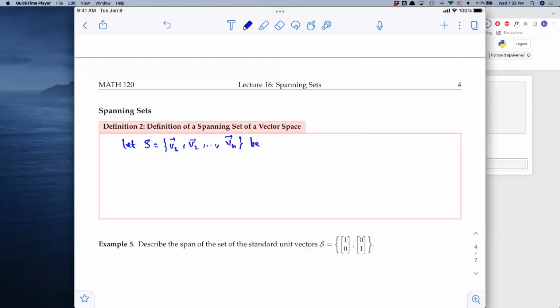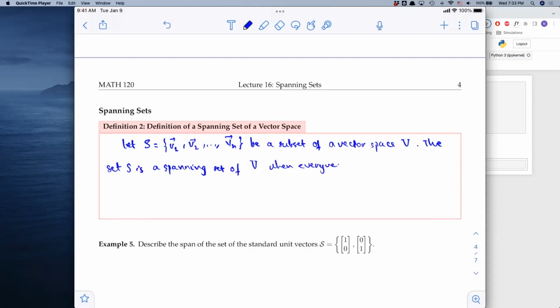Now I let this set be a subset of a vector space V. The set S is a spanning set of V when every vector in capital V can be written as a linear combination of vectors in S.